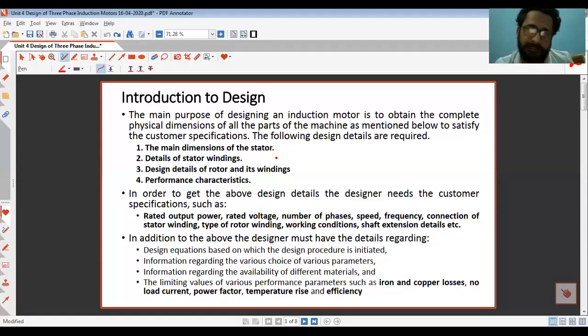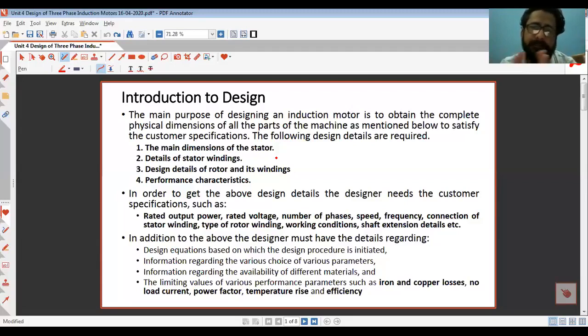When I say optimal design, I mean there has to be a trade-off maintained between various factors. For example, if you design a machine with quality material, of course the cost of such a machine will go high, and the customer may not be able to afford it.